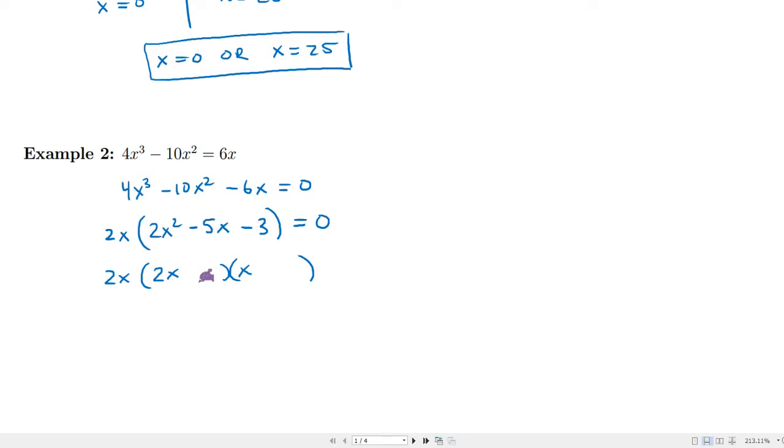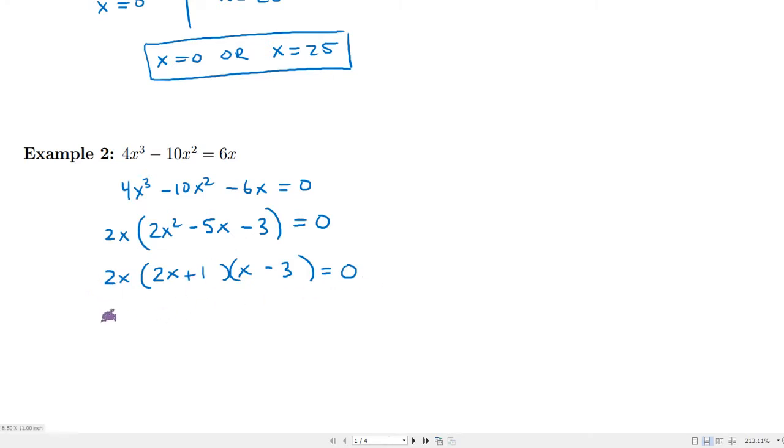So it looks like we would do negative 3 to give us negative 6x, and then plus 1 will get us back to minus 5x. And so let's check that. So 2x squared minus 6x plus x will give us minus 5x, and then minus 3. So that looks like the correct factorization.